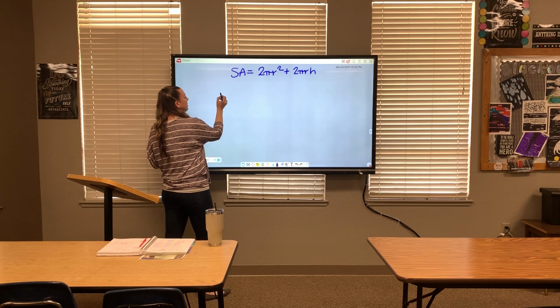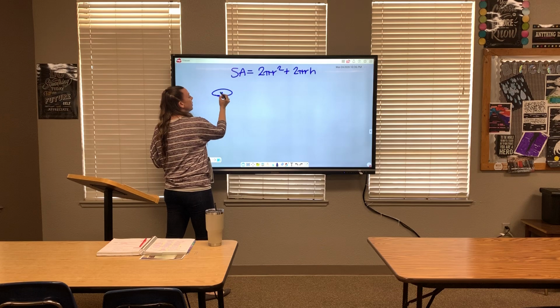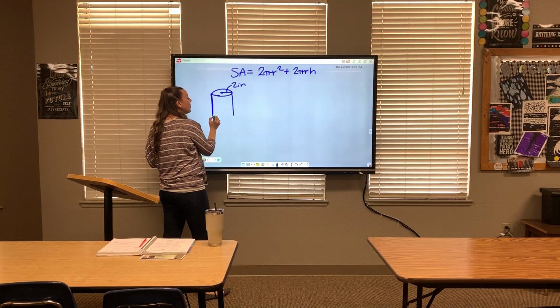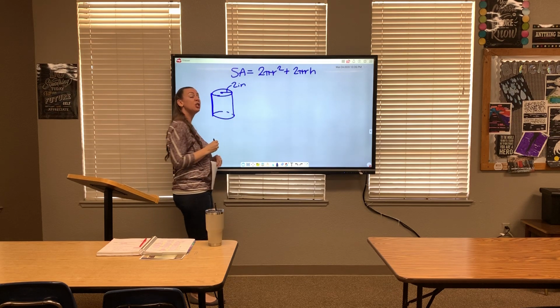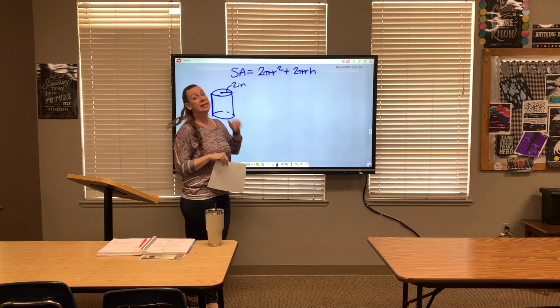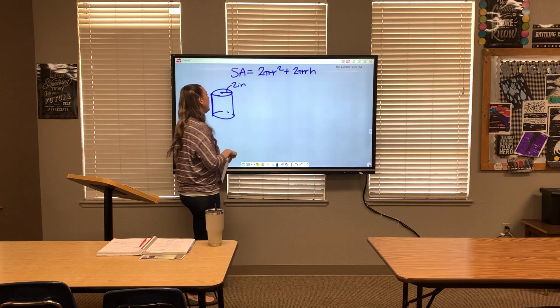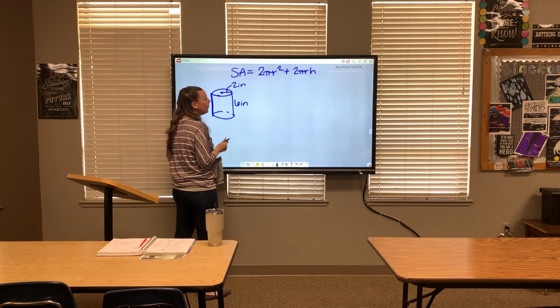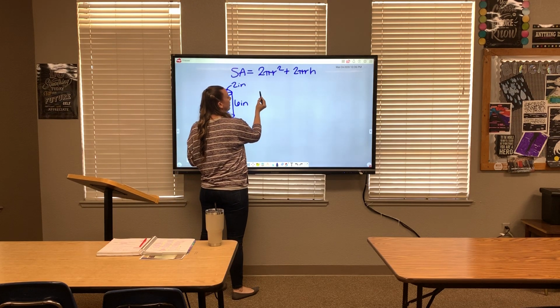Let's say I have a cylinder and the radius is 2 inches, okay? All I need to know in order to find information for a cylinder is the radius, and I need to know the height. That's it. So let's say this is 6 inches.